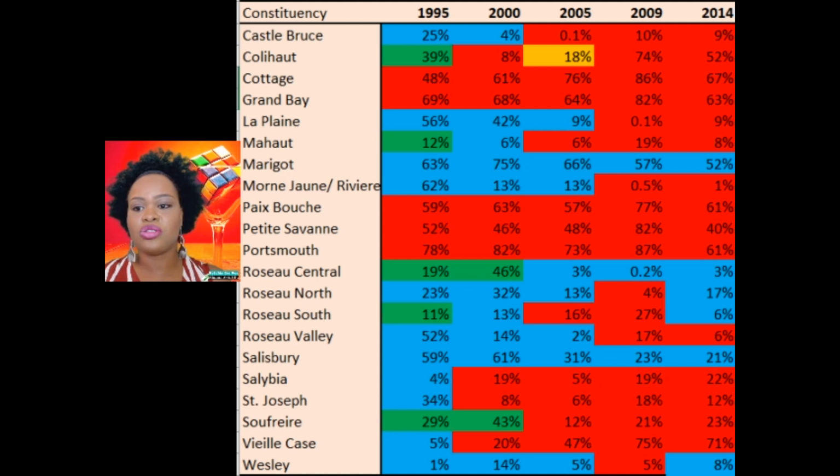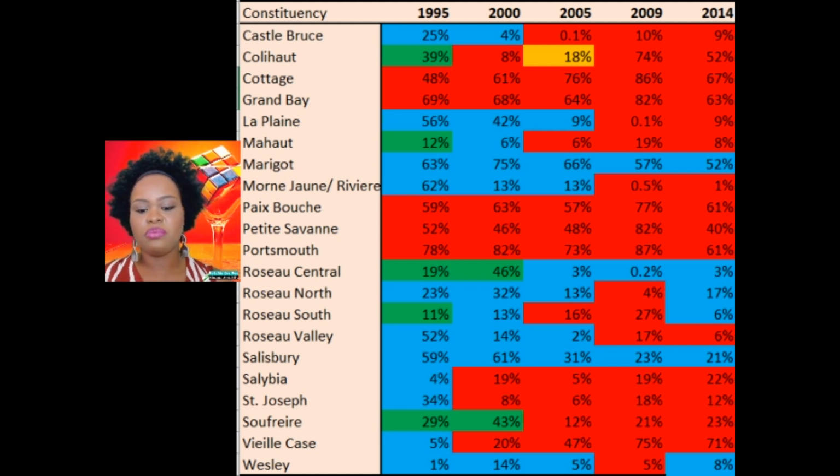You can also see the pattern of wins, which party has won over the years, which constituencies are mostly red, which are mostly blue, and which constituencies have been changing hands over the years, right? So this is what you can see from the history of the margins. The margin is the size of the win.